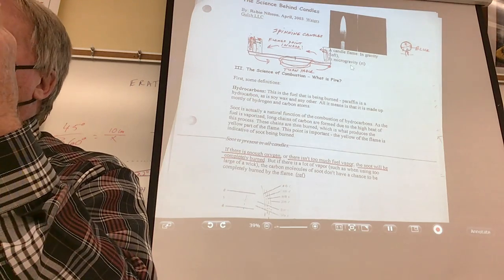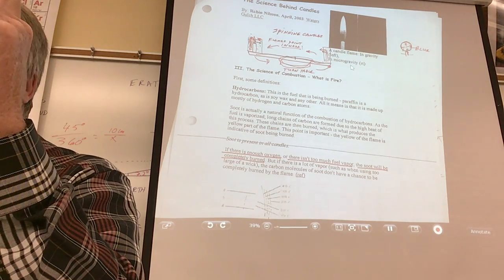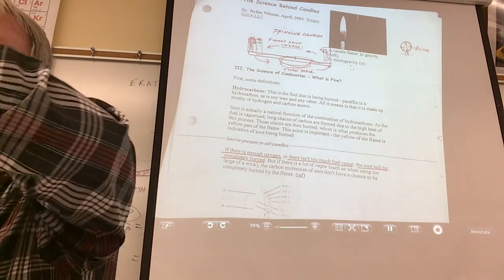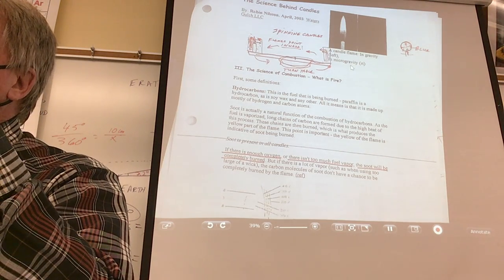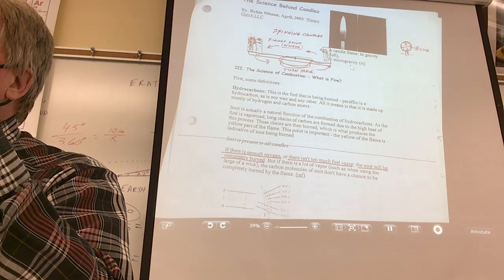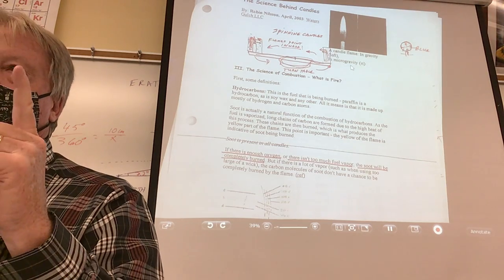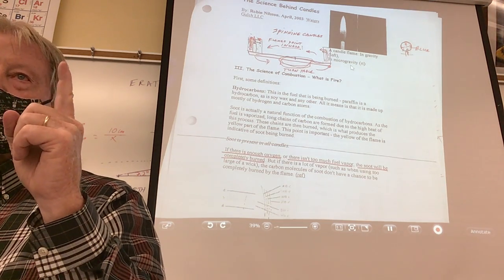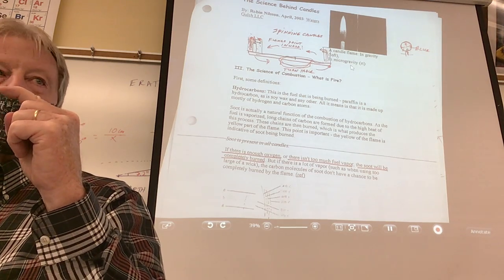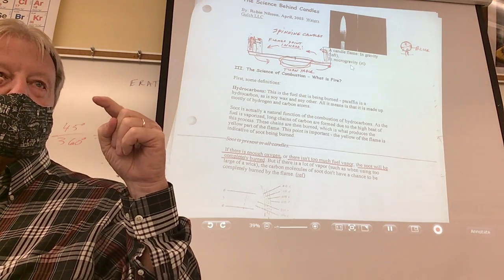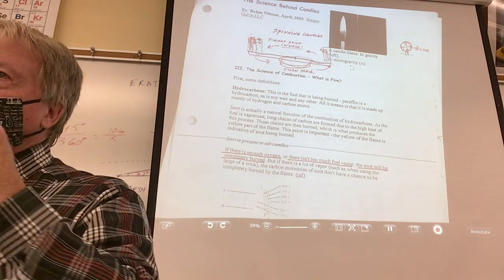And if you just light the candles, the flames go like this. But then if you start turning them at a certain speed, does anybody know what they're going to do? Now, the flames are lower than the lip of the glass. And if you keep turning it, the flames will go like this. And they'll point that way. What's that all about?